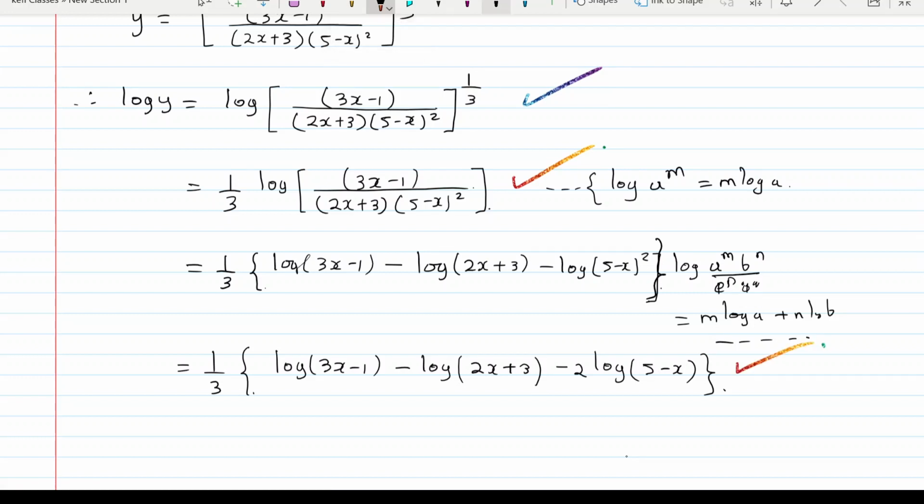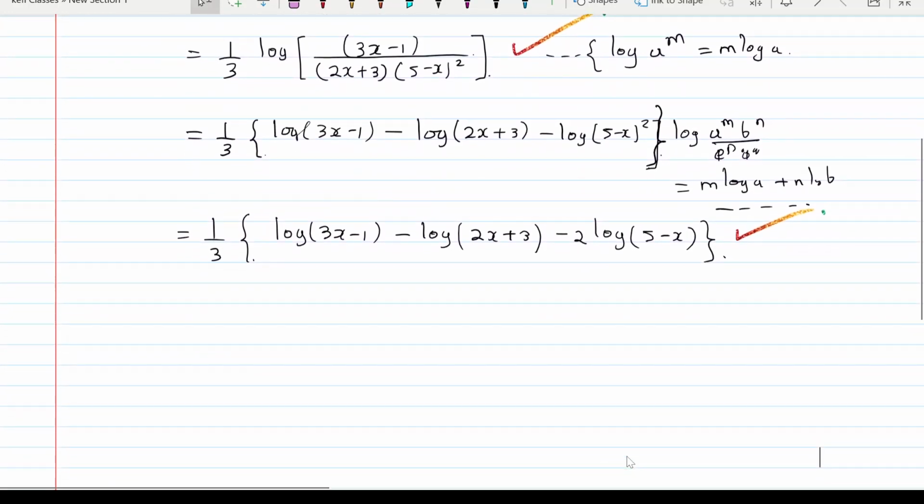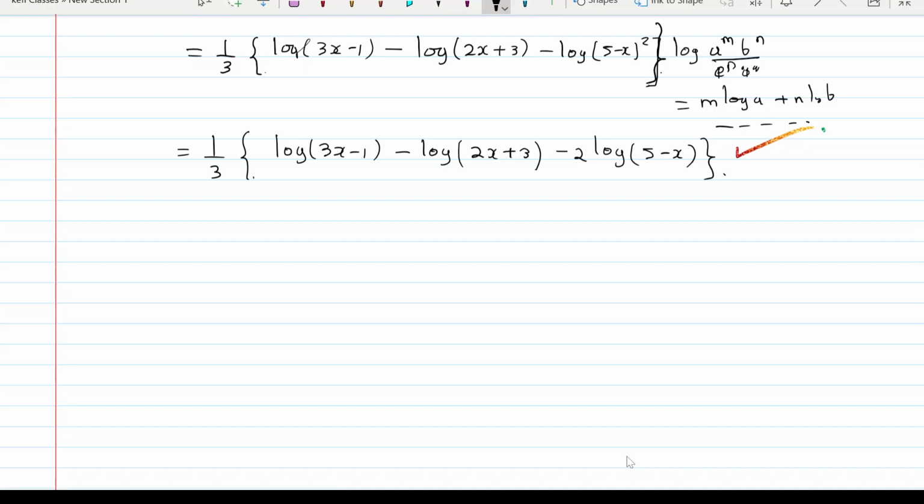Now what we have to do is take the derivative. So this is log y, so we will take its derivative. It's that simple. The next step is differentiating the above equation with respect to x.